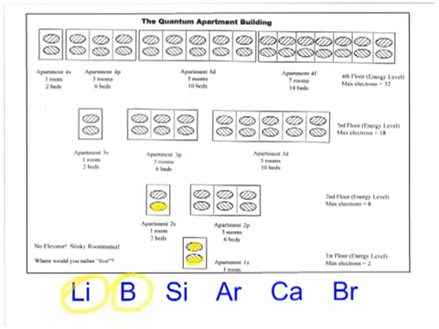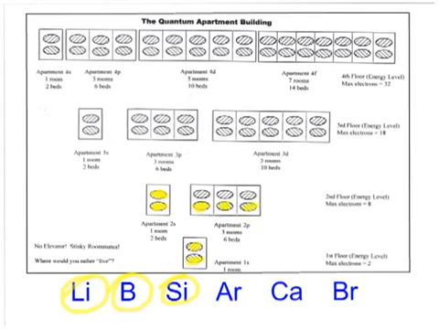Boron, let's look at boron. It has 5 electrons, so we'll need to put 2 more electrons. One will go here, and the next one will go in the 2p orbital, and that's boron. So let's look at silicon. Silicon has 14 electrons. So we already have 5, 6, 7.